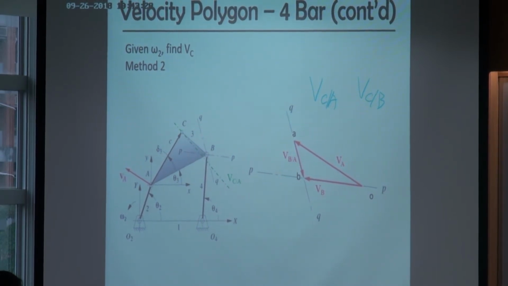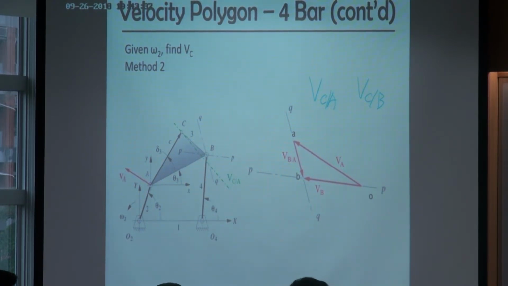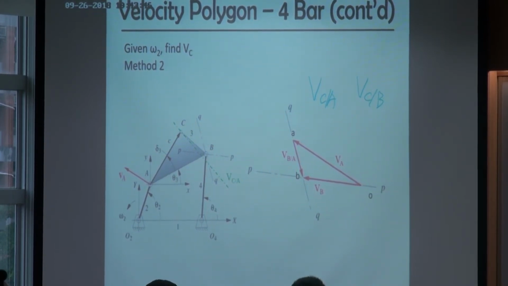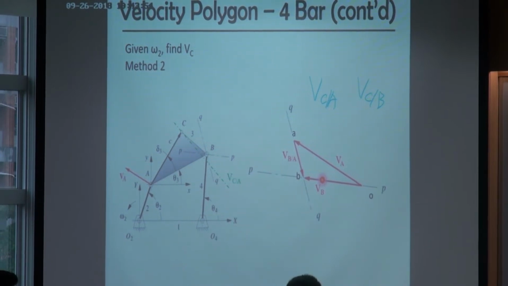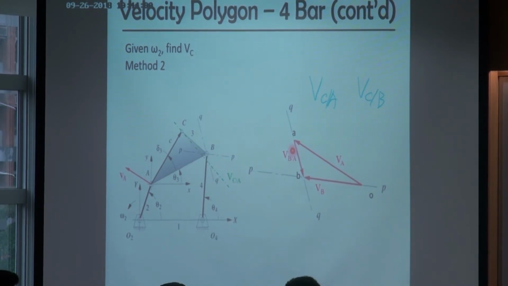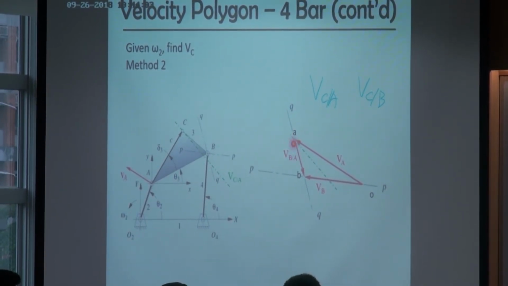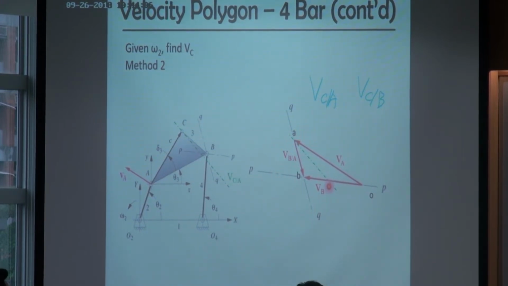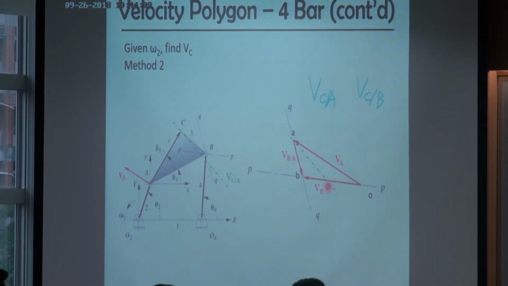And we know this VCA is going to pass point A in this velocity diagram. It's going to pass both C and A in this velocity diagram. But right now we only have A, so we just draw a line passing point A. So this line is representing VCA. We don't know the magnitude yet.